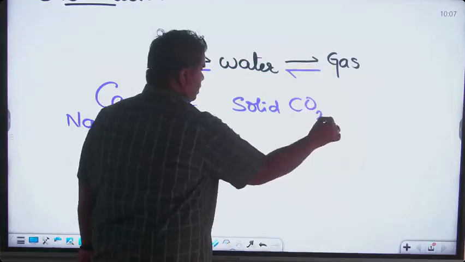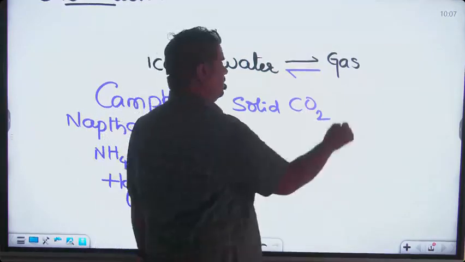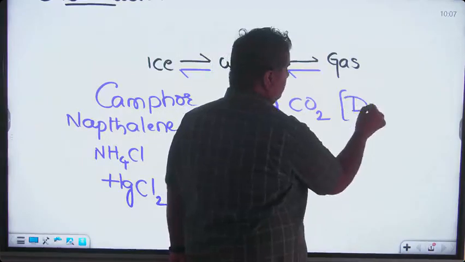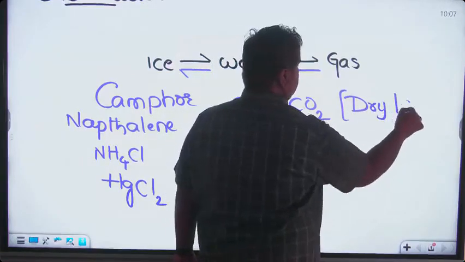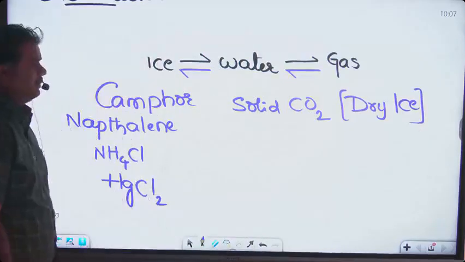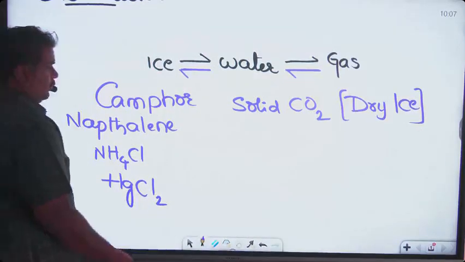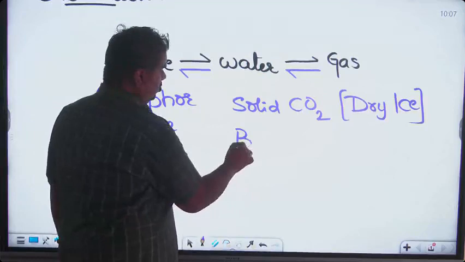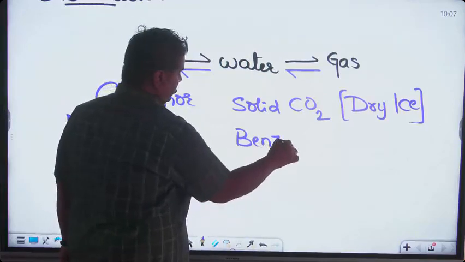So solid carbon dioxide అనేది chemical name అని అంటాం. At the same time, the common name of solid carbon dioxide is dry ice. Even this one exhibits the sublimation phenomenon. At the same time, we have one more thing, that is benzoic acid.